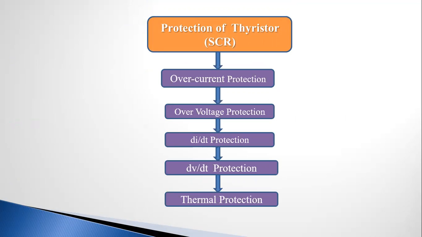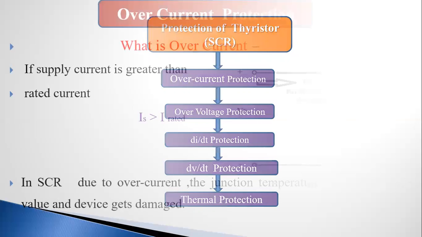First one is overcurrent protection. Second one is over voltage protection. Third one is di by dt protection. Fourth one is dV by dt protection. And the last one is thermal protection. So let us discuss one by one the protection methods of the SCR, or the Thyristor.